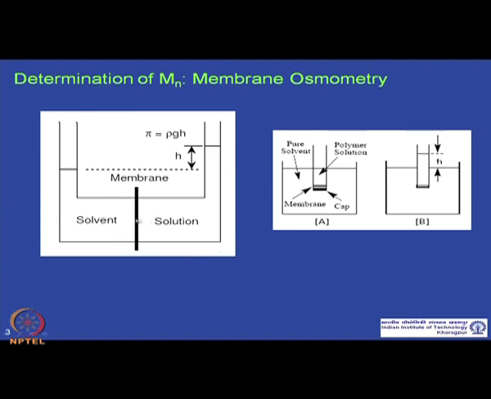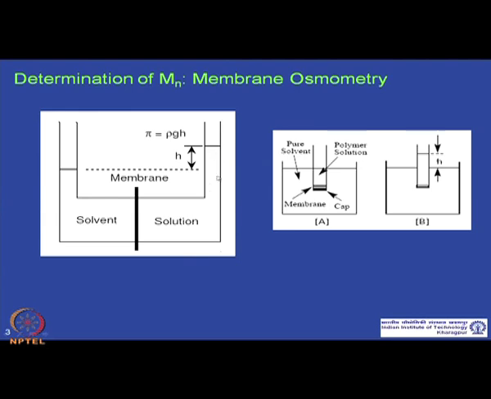This causes an osmotic pressure difference between the two sides because of the chemical potential difference. The chemical potential of the solvent molecule on this side is higher than on that side, which makes solvent move from the solvent side to the solution side, thus increasing the pressure.